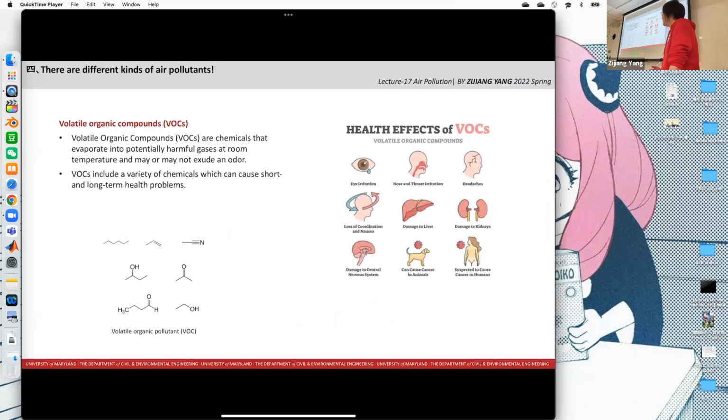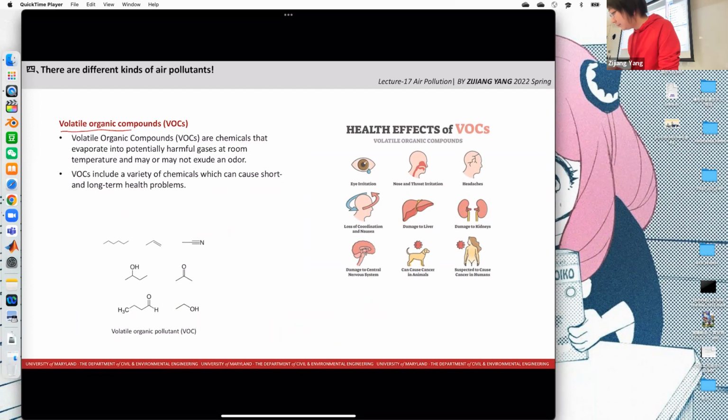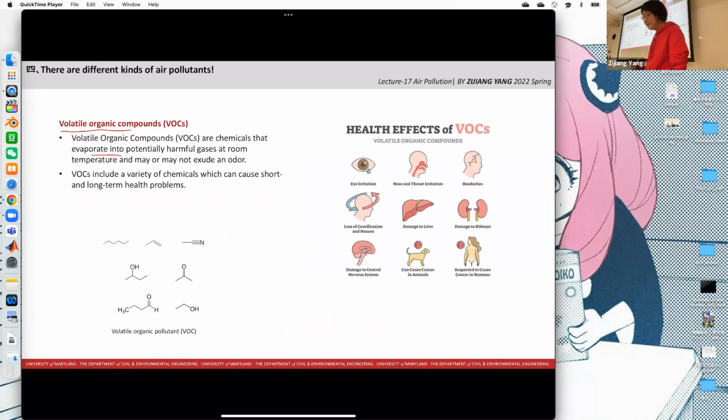And the next one is VOC, which is volatile organic compounds. They are chemicals that evaporate into potentially harmful gases at room temperature, and may or may not exist outdoors. Here are some examples of volatile organic compounds. We can see from the structures that they are small molecules, and intuitively, we can see that they have relatively large vapor pressure.